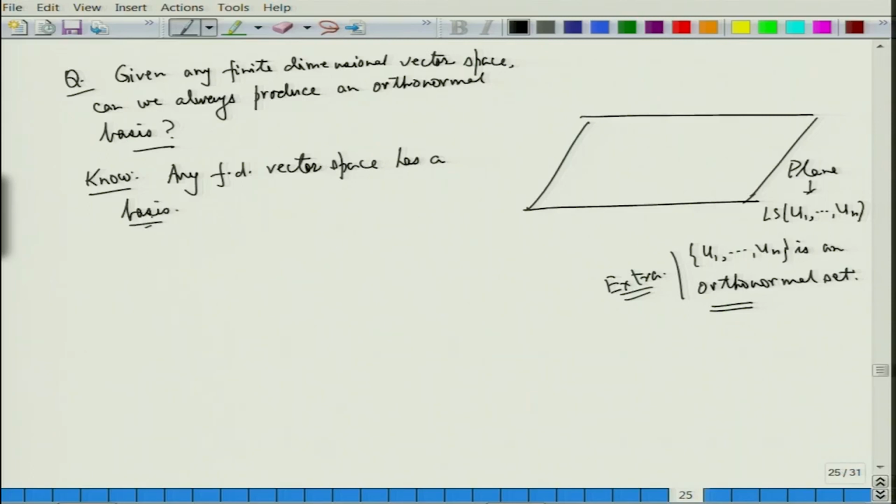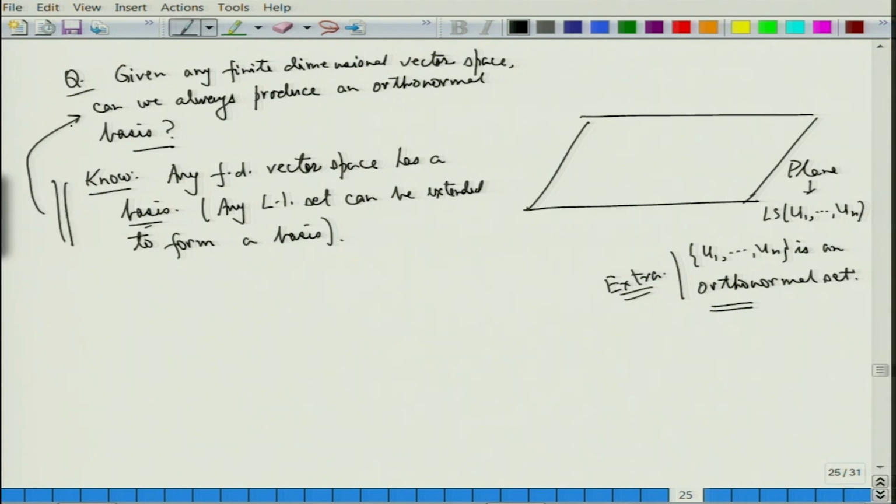What we have is that any linearly independent set can be extended to form a basis. Alright. So there should be a way to go from here to here. That I start with one element and keep building, and then I should be able to get the orthonormal basis. This is what one question is, that I should be able to get it.